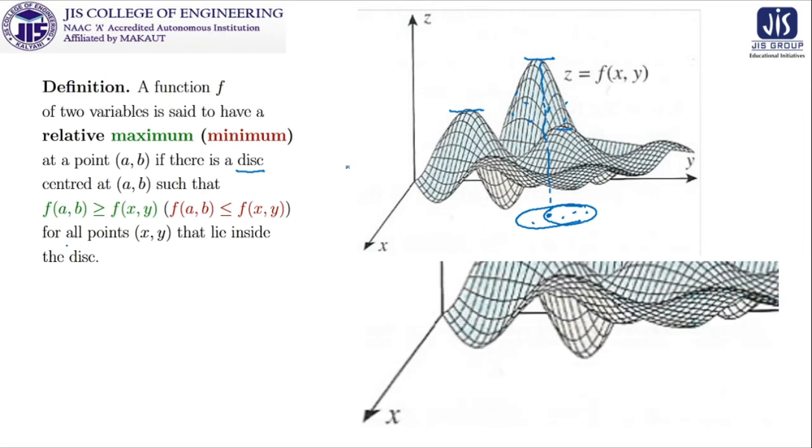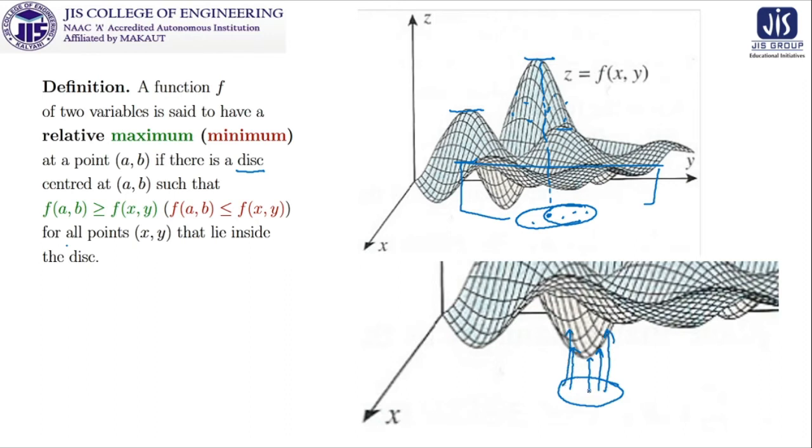Now if you think about the relative minima, I have just zoomed this particular structure from here and represented it. So if you have a disk over here, at this point you are getting this value, and at this point you are getting this one, this one, this one and so on.